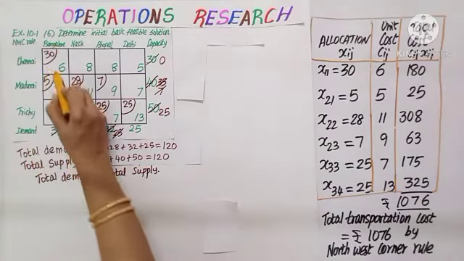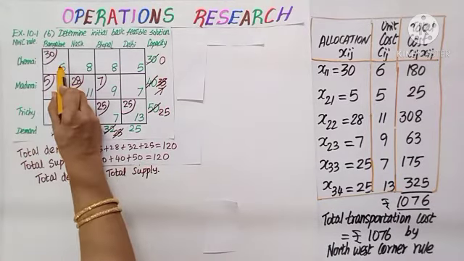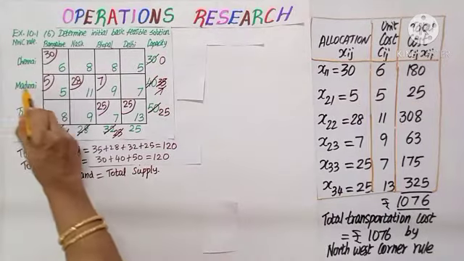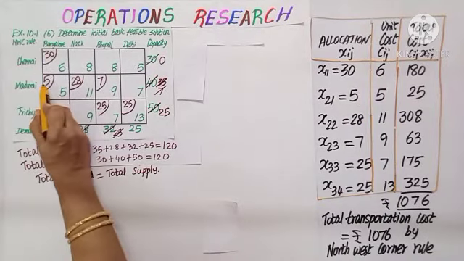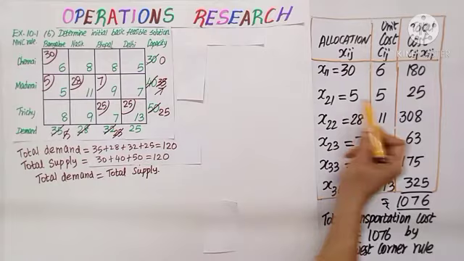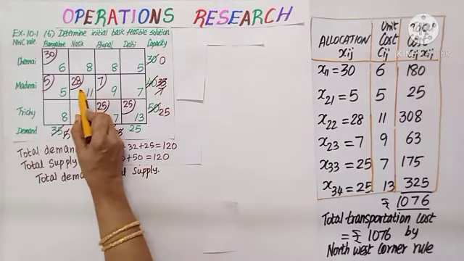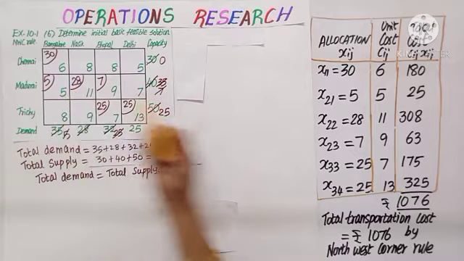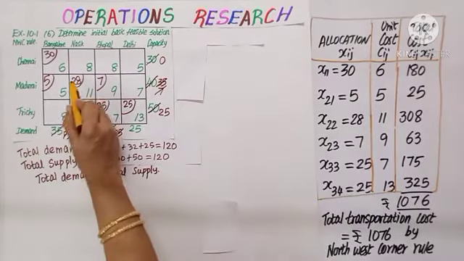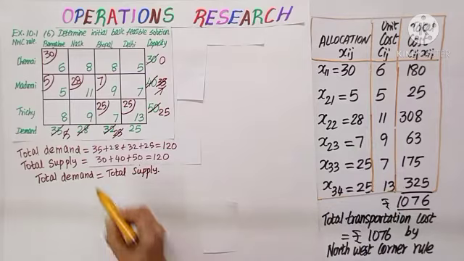First row, first column, 30 allocated, 6 cost. Second row, first column, 2 1. 5 allocated, cost is 5. Second row, second column, 2 2. So X22 28, cost is 11.